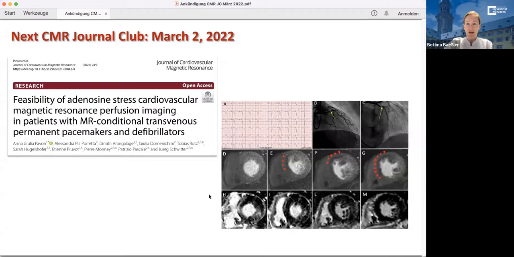We might have a second one. I'm still waiting for the final confirmation of the speaker, which will be on the supportive evidence of lead pacemaker MR conditional labeling, which is a related topic. We always try to find related topics. So 2 device topics, hopefully, at the next CMR Journal Club.